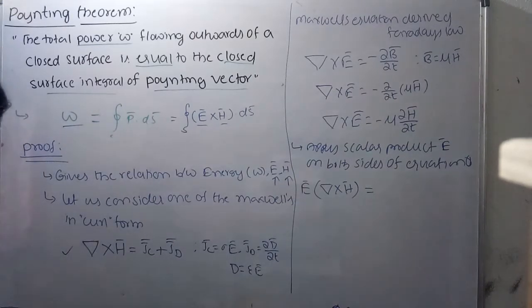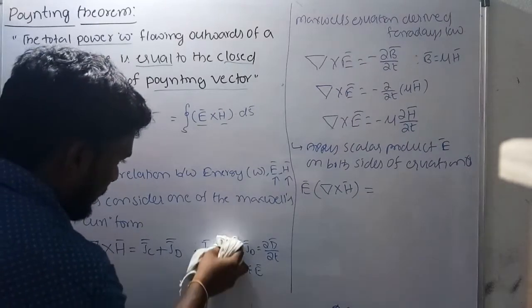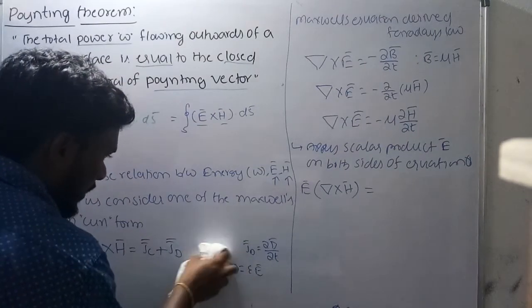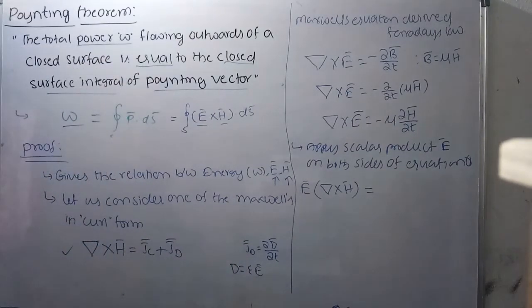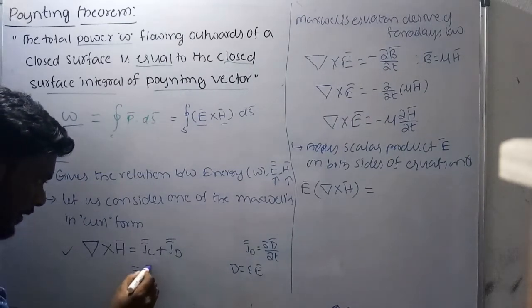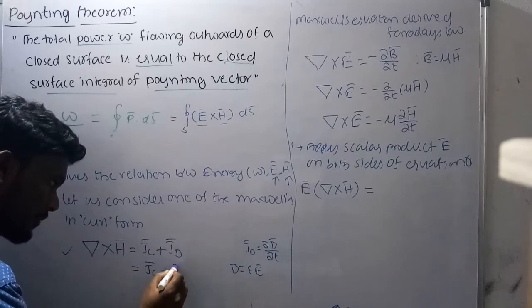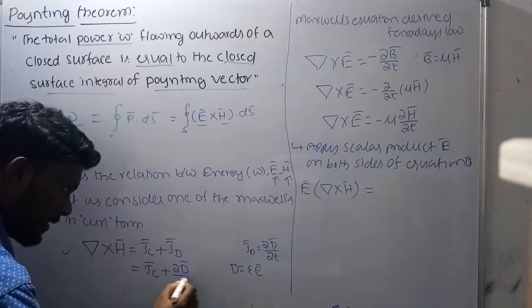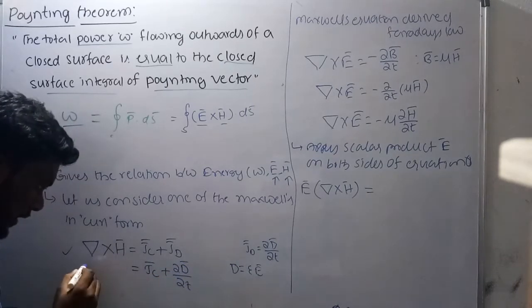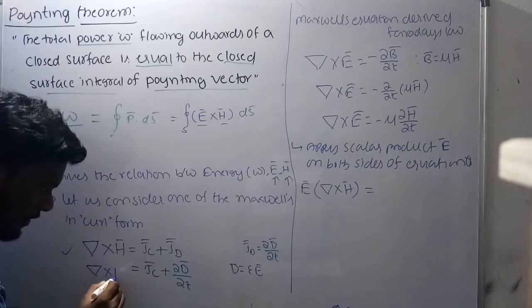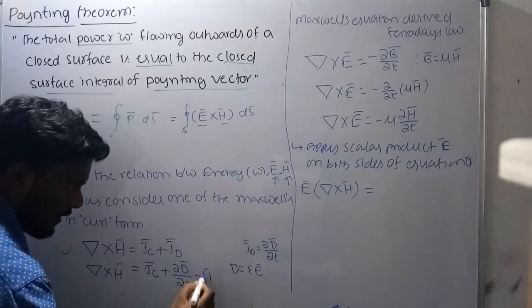What you do here is just substitute this value only. You also need not write this expression. This is also not required here. Just write the JC bar as it is and substitute only JD bar, that is dou D bar by dou T. Now consider that it is equation number 1.